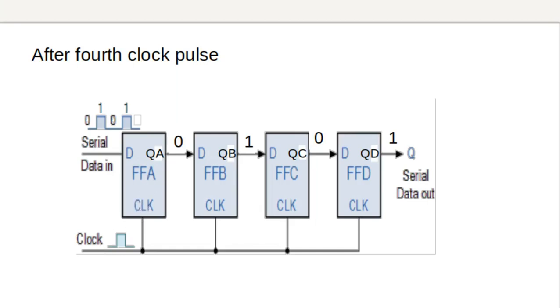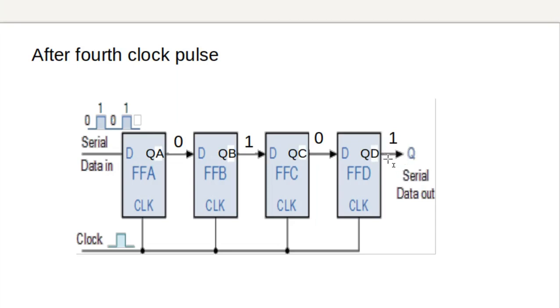And then after entering data into a shift register, how are we going to read that data from the register? Here we are reading the stored bits serially from this output pin. This output pin is the output Q of the last flip-flop.